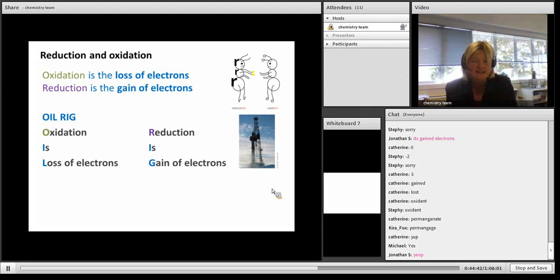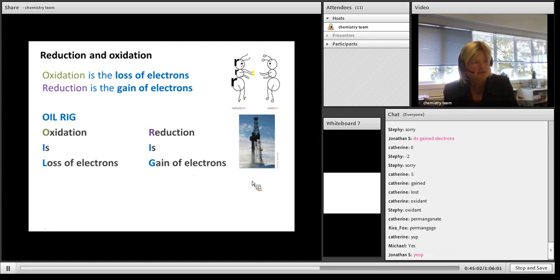Reductants lose electrons, but a reduction, which is the process, whereas reductant is the species, the reactant. Reduction is the overall process. In a reduction, there's a gain of electrons.